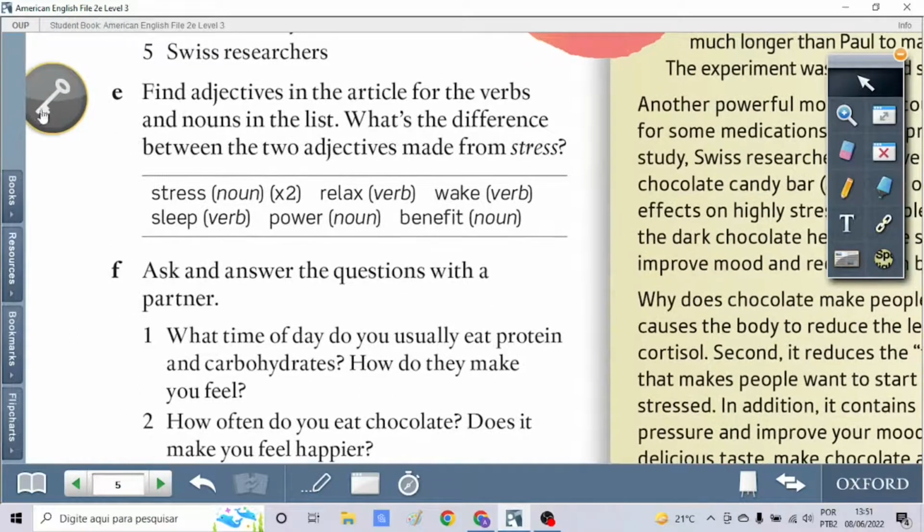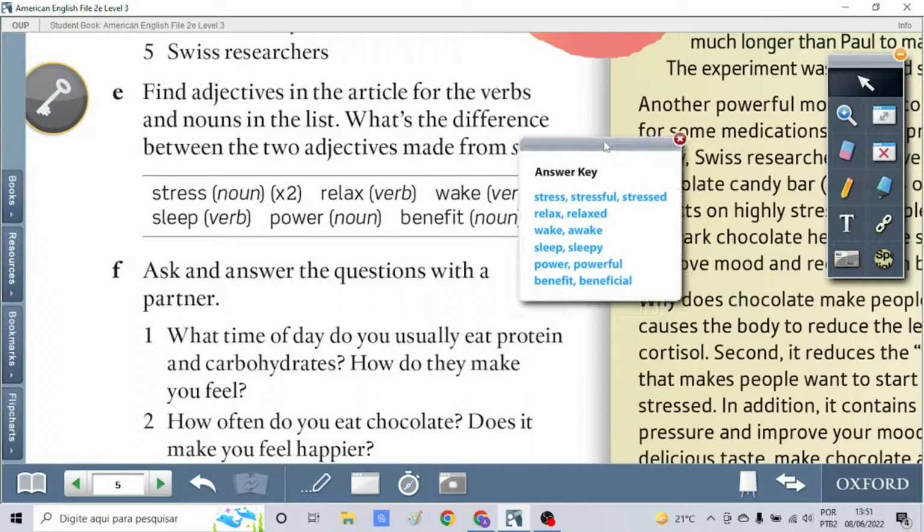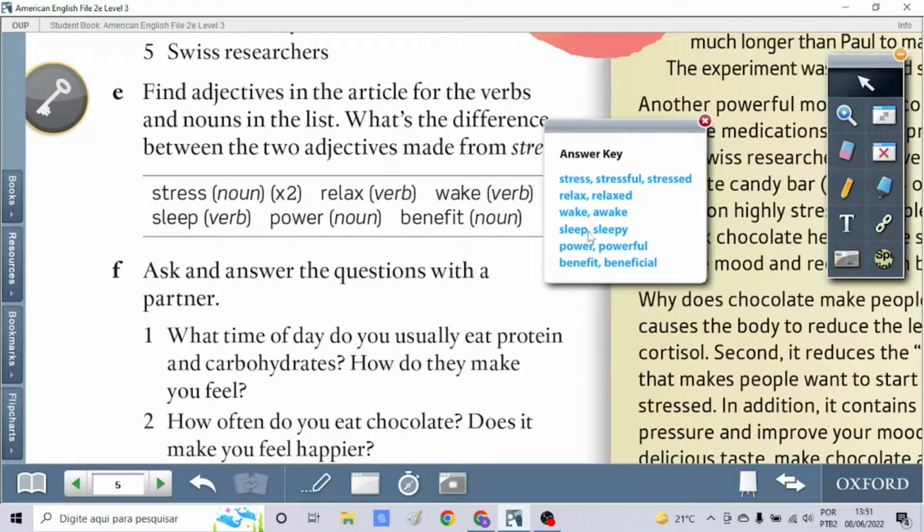Okay. Oh, sorry. Continuing here. Relax, we have relaxed. Wake, the verb, we have the word awake, not sleeping. Awake, alert. Sleep, sleepy. Power, powerful.